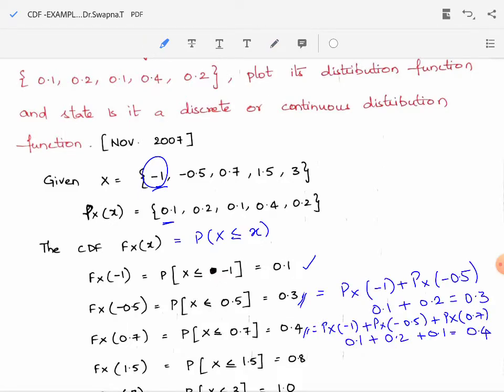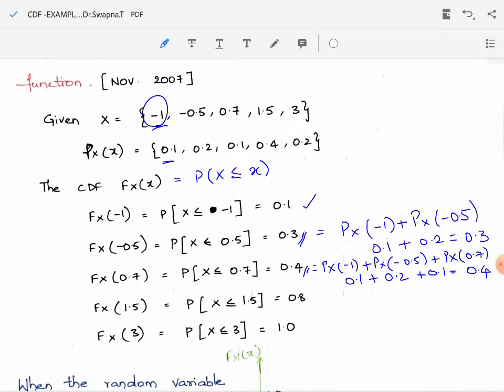Similarly, we calculate for Fx of 1.5. So all the values less than or equal to 1.5: 0.1 plus 0.2 plus 0.1 plus 0.4, which is equal to 0.8. And Fx of 3 is the probability of x taking the values less than or equal to 3, which is the sum of all the probabilities. It will be equal to 1.